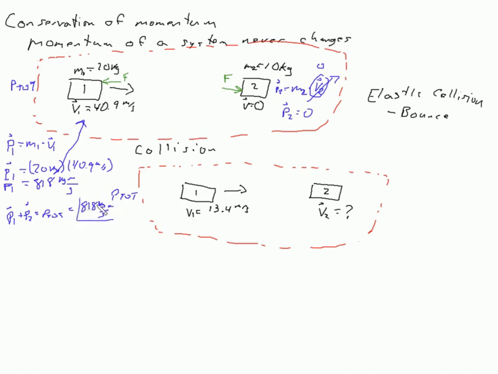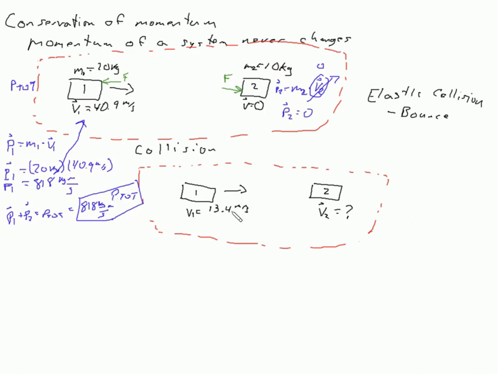Right, so that's the total momentum before the collision, and after the collision it is 818 kilogram meters per second. That's the total momentum of this whole system. So we know then, after the collision, if we add the momentum of box 1 to the momentum of box 2, we'll get 818 kilogram meters per second.